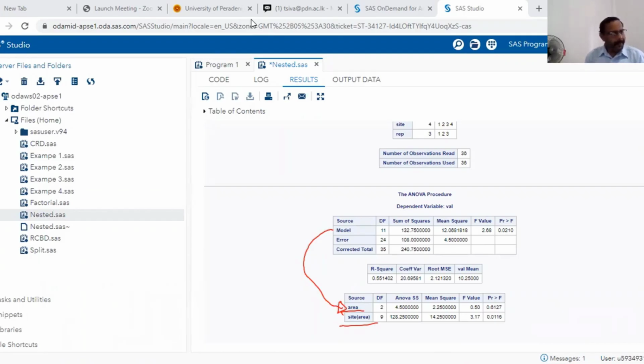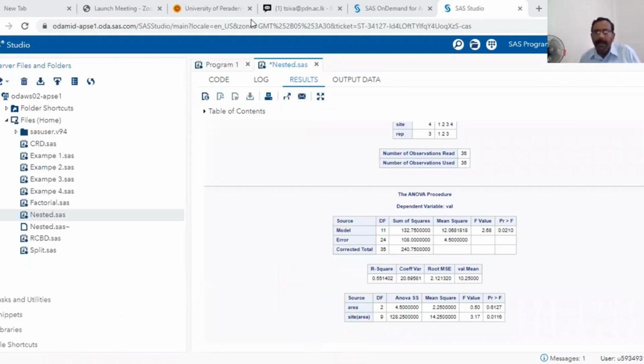So we have the degrees of freedom 2 for area, degrees of freedom 9 for site within the area, total degrees of freedom is 35, and the error degrees of freedom is 24. So that is fine. So this is equal to this 11 degrees of freedom. Am I right? Yes, we have done already, so you can cross-check.